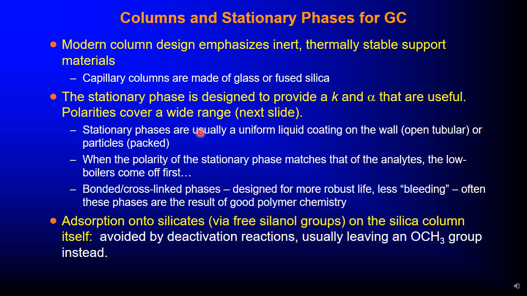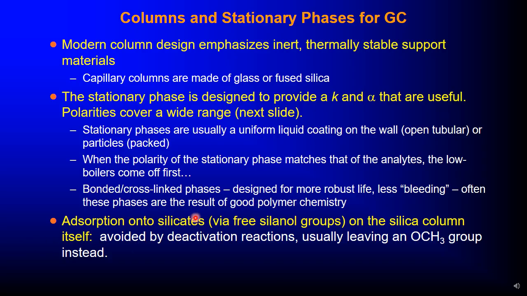Stationary phases are usually a uniform liquid coated on the wall or packed. When the polarity of the stationary phase matches that of the analytes, the low boilers come off first. Bonded cross-linked phases are designed for more robust life, less bleeding. Often these phases are the result of good polymer chemistry.